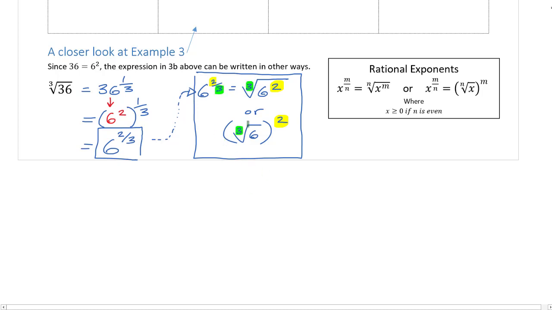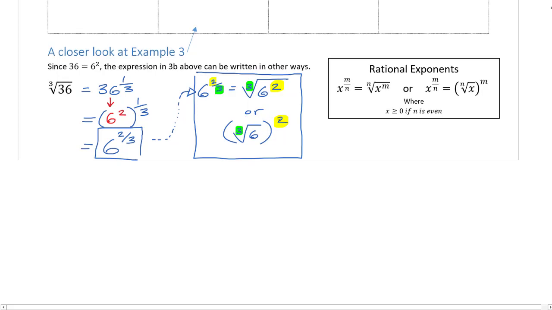So now there are 2 different ways you can write it. It depends on what you want to evaluate first. Do you want to do the squaring first and then the 3rd root, or the 3rd root first and then square it? Notice in this case, I put it outside a set of brackets. These are both equivalent.